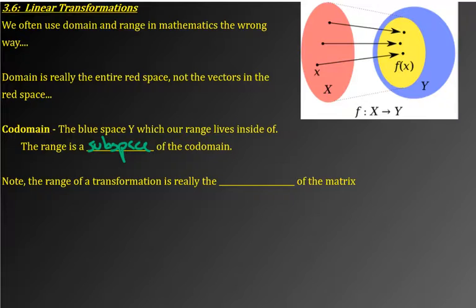And the range of a transformation is really just the column space of that matrix, okay? But the f of x that you get in Algebra 2, that's all you talk about, but you could talk about this bigger space that the output lives in, and that's what the codomain is.